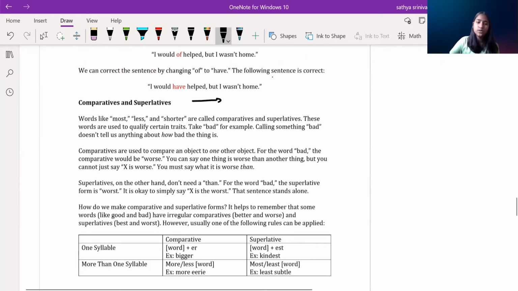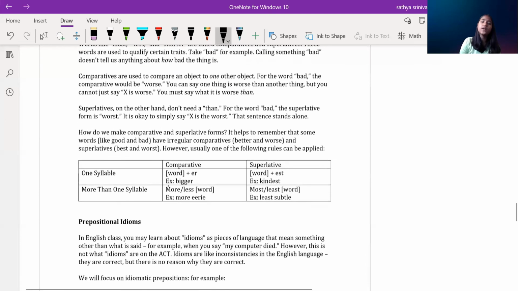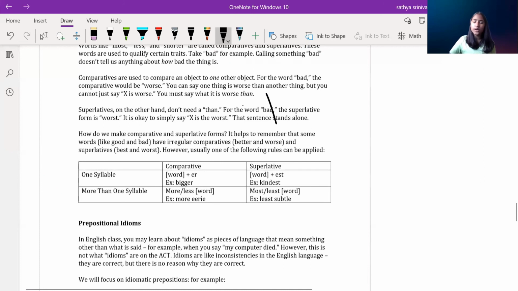So when we're trying to talk about how bad a thing is or how good, how nice it is, you use comparatives and superlatives. A comparative is to just compare one object to another object, right? So for that, you can say worse than or better than. When you're comparing two things, you want to say than, because you want to say this is better than that. But for superlatives, you don't need a than because you're saying it is the worst.